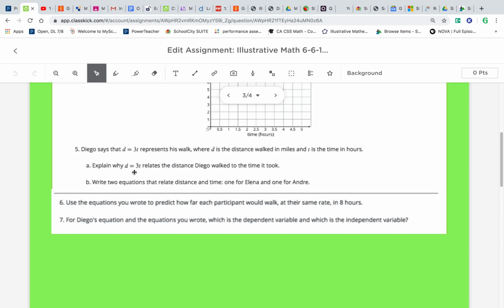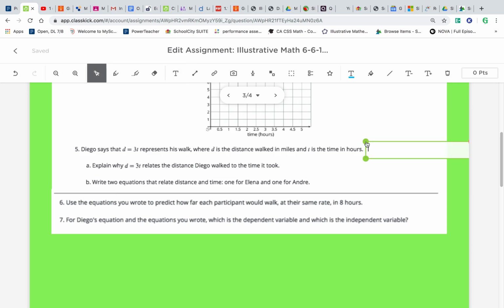Well, the idea is that Diego, if you remember, walked 3 miles in 1 hour. If we were to fill in the information for d and t, this is what it's going to look like.